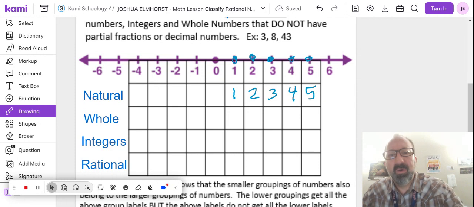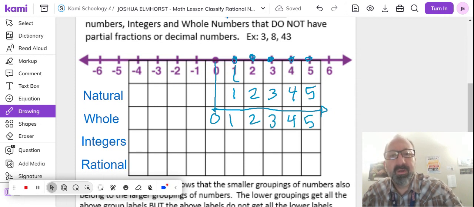And then the whole numbers are going to start here at 0 and then go all the way over to the right. So we have 0, 1, 2, 3, 4, 5.